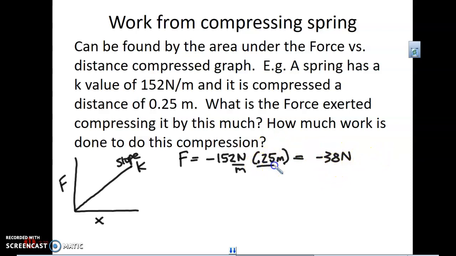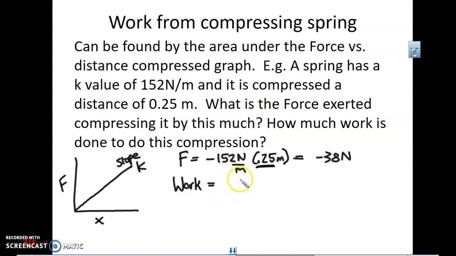Now that's just at that point, but you know how it is with the spring. When you compress it at first or stretch it at first, it doesn't take that much force, but the force is going to change at every instant as you compress it down to a certain point or pull it out to a certain point. So when you go to find how much work is actually done, I know you know the formula for work: force times distance.